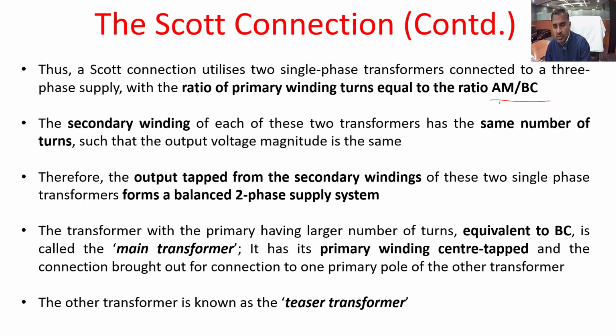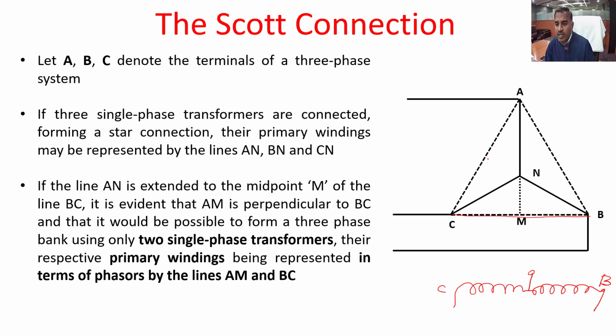Because if you connect one transformer like this and another transformer to the midpoint like this, then the voltage in this phase will be exactly perpendicular to the voltage here, right?